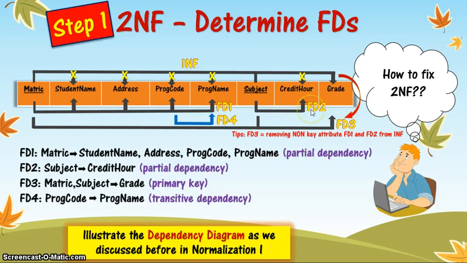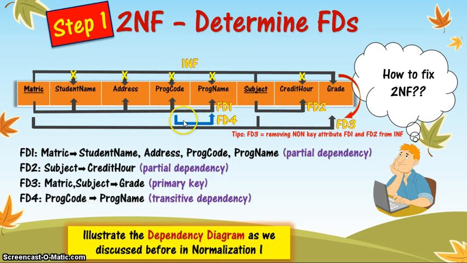FD2, you know that the non-key attribute is credit hour, so you can remove the non-key attribute here in 1NF. And then it comes out to another FD, meaning metric and subject determine grade. FD3: metric and subject determine grade.